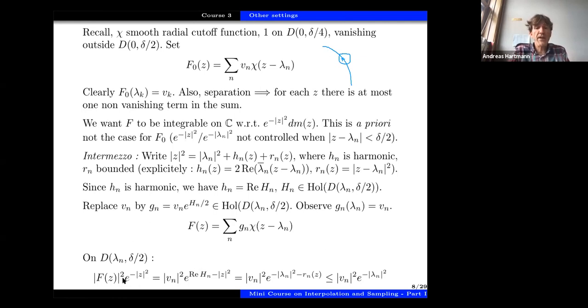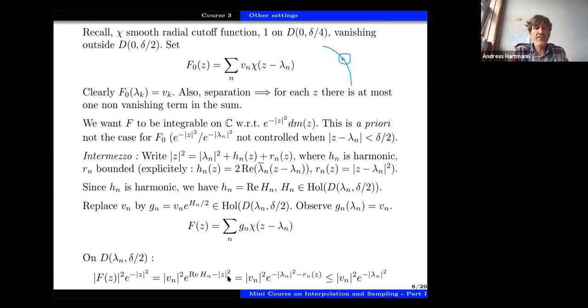And now I replace, as I should. So f, well, inside the disk, it's just Gn. So I have to compute the modulus of Gn, and the modulus of Gn is the modulus of Vn e to the real part of Hn. Maybe I have lost an over 2 here. No, it's okay, because I have the square here.